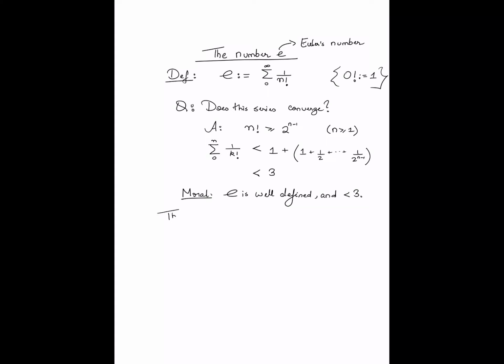The first of these is something that you have used from your high school calculus days umpteen number of times: the limit as n tends to infinity of (1 plus 1 by n) whole raised to n is equal to e.